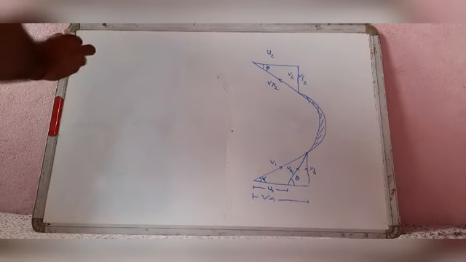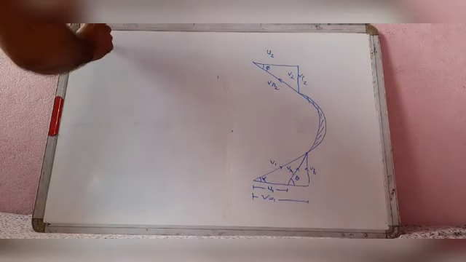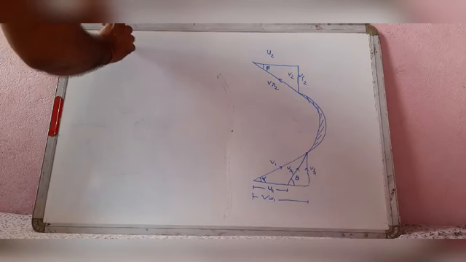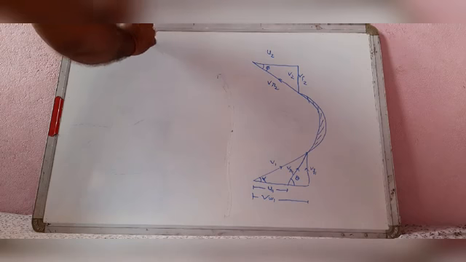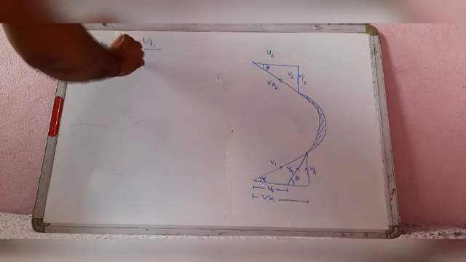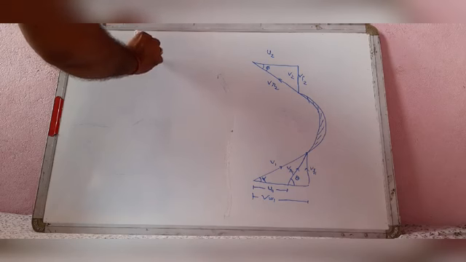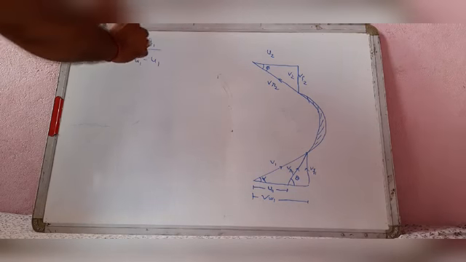Then tan theta equal to Vf1 by Vw1 minus U1.